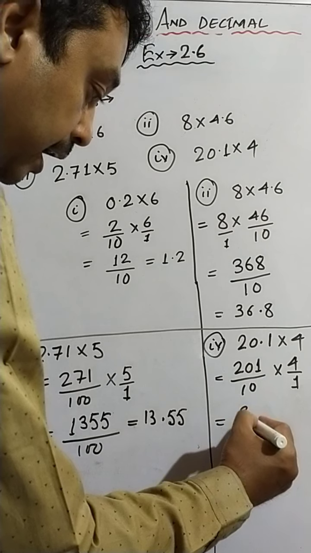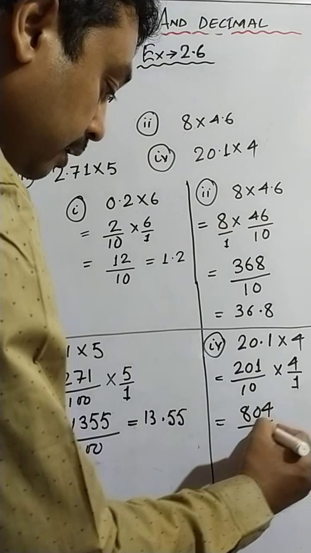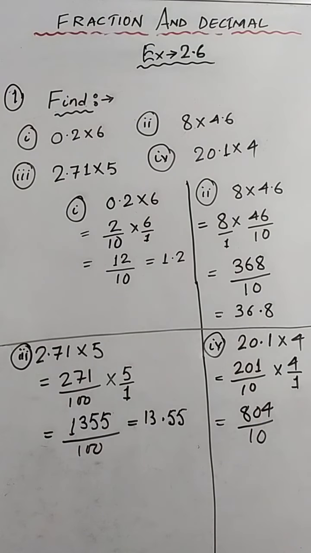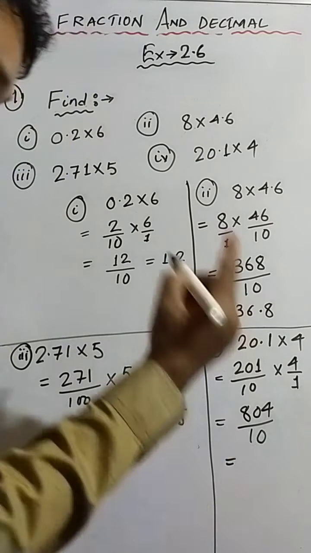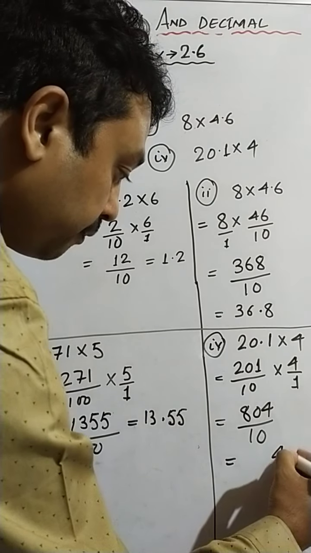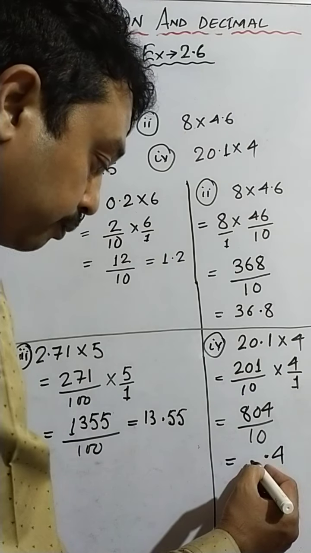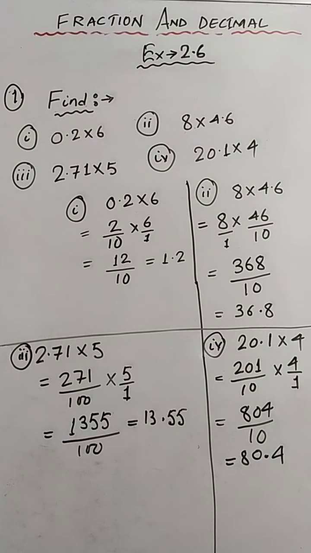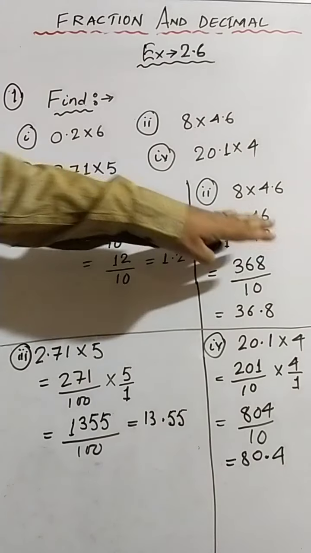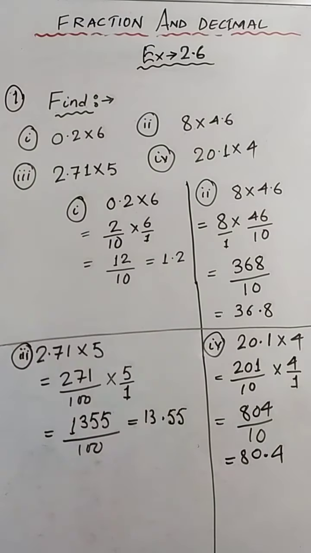So the answer would be 804 upon 10. How many zeros are there? 1. So the answer would be 4, then we put the point, then we write the rest of the digits, that is 80.4. So these are the solutions of sum number 1, 2, 3 and 4. The rest of the sums, that is 5, 6, 7, would be your homework.